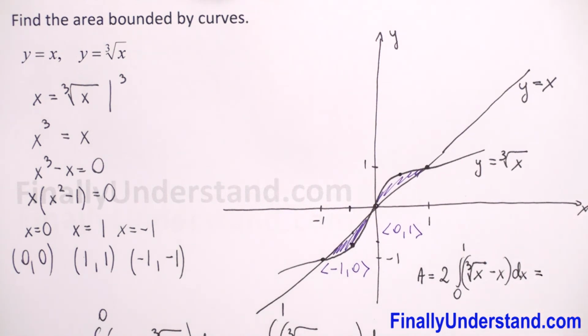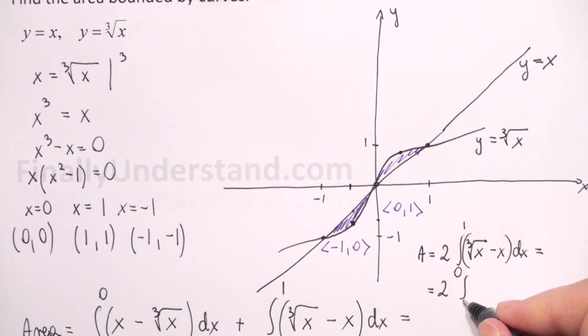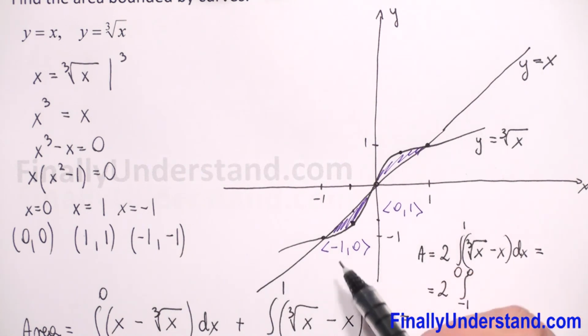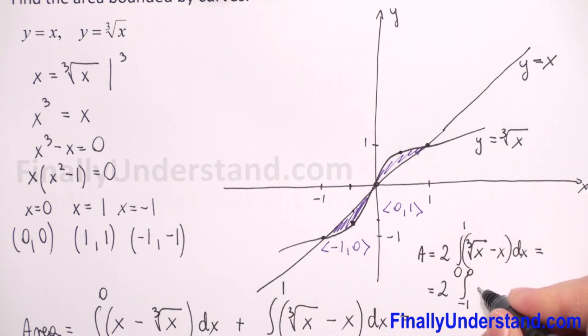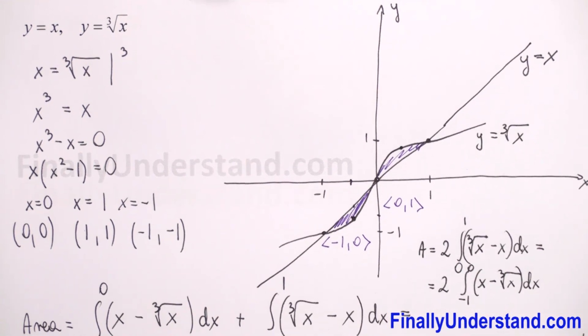Or you can put 2 times the integral from negative 1 to 0, where the upper function is x and the lower function is the cube root of x, with respect to x. If you use either method, you should still get the same answer we got, 1/2 square units.